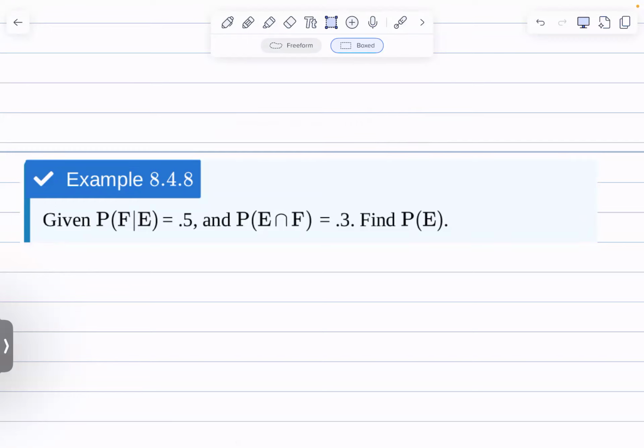If I give you that the probability of F given E is 0.5, and the probability of E and F is 0.3, then you can find one of those 3 components. I can give you 2 and you can solve for the third.